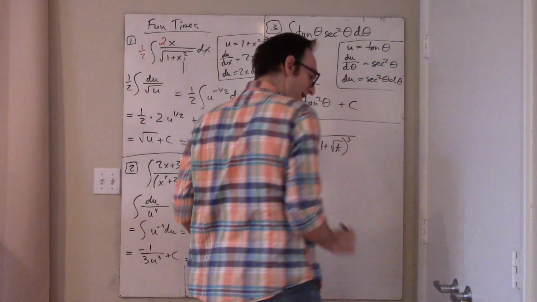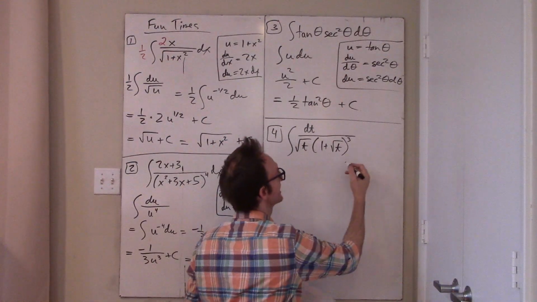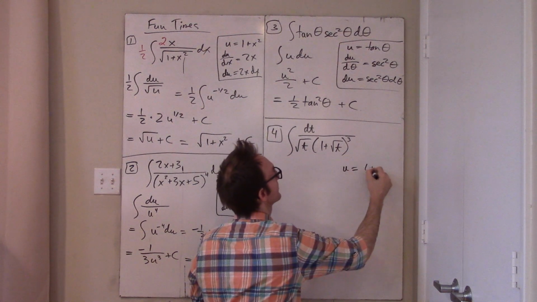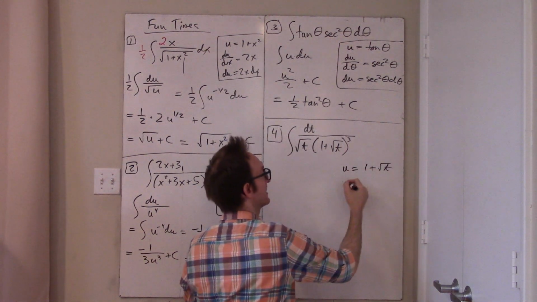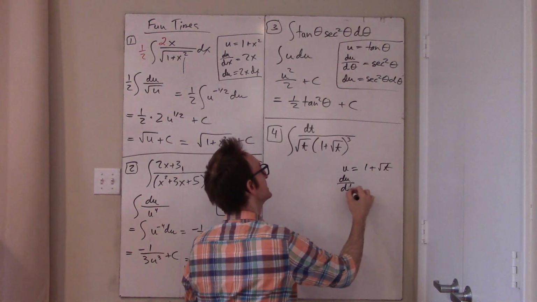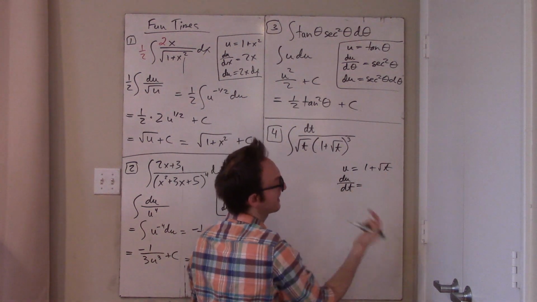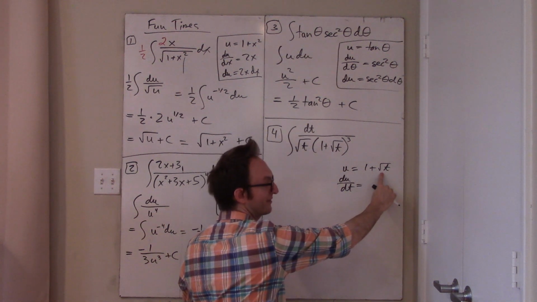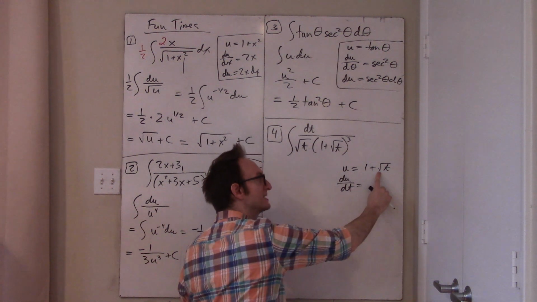Okay, let me just do it. So I let u be 1 plus root t, and so what's du dt? Well, doing some things in my head, I just know, because I've been doing this a million times, that the derivative of t to the 1/2 is 1/2 t to the negative 1/2.